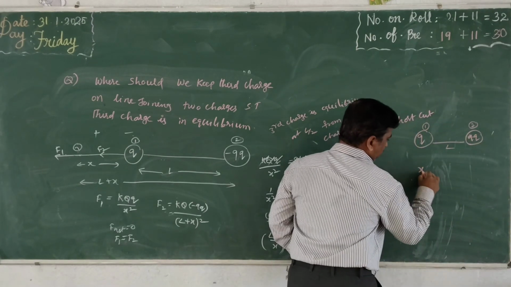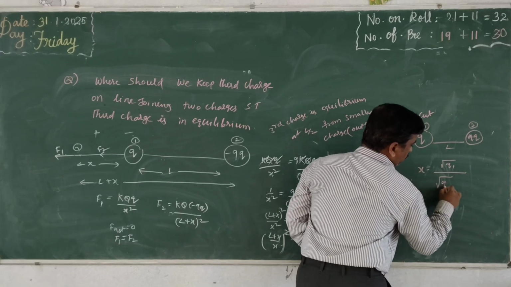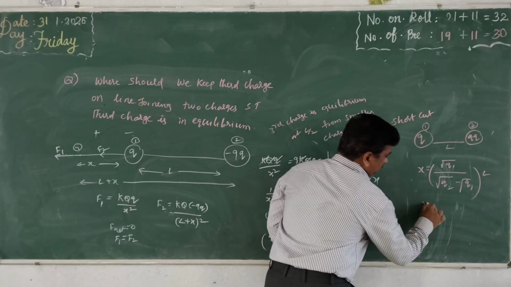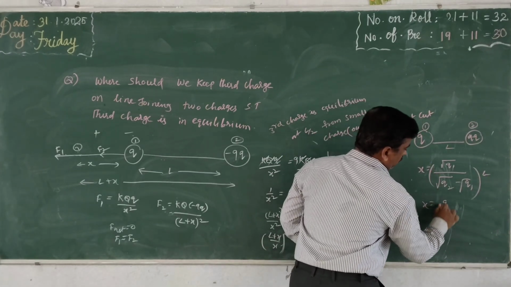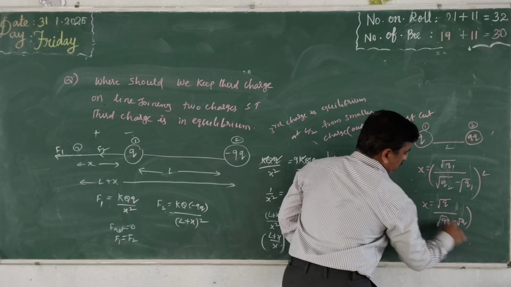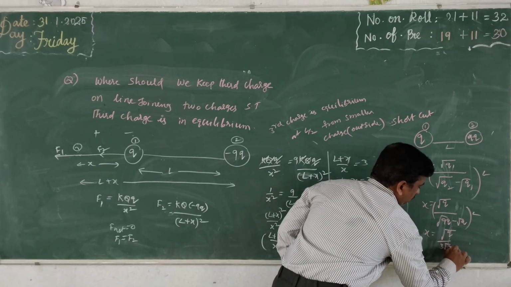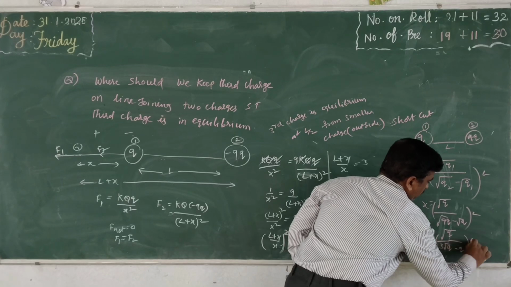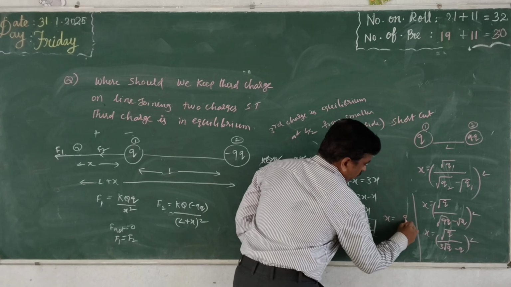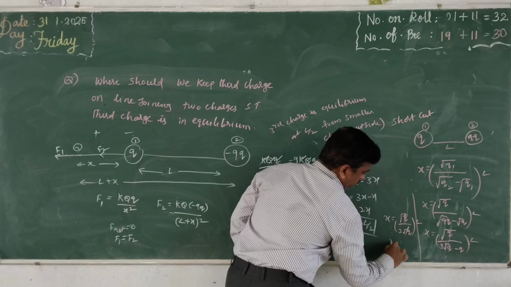The shortcut formula is x equals root of q1, the first charge, by root of q2 minus root of q1, into L. So x equals root of q by root of 9q minus root of q, into L. Here, x equals root q by 3 root q minus root q into L. See here, next step: x equals root q by (3 minus 1) root q, that is 2 root q, into L. Q cancels, means x equals what?